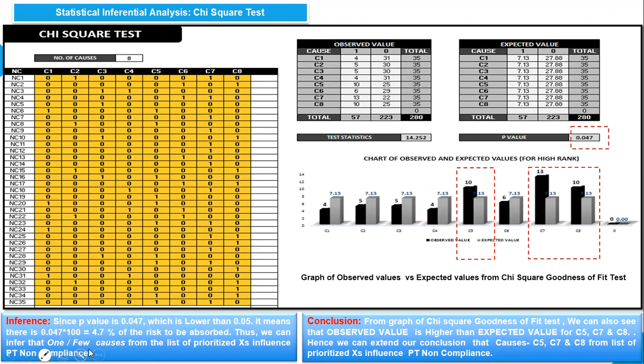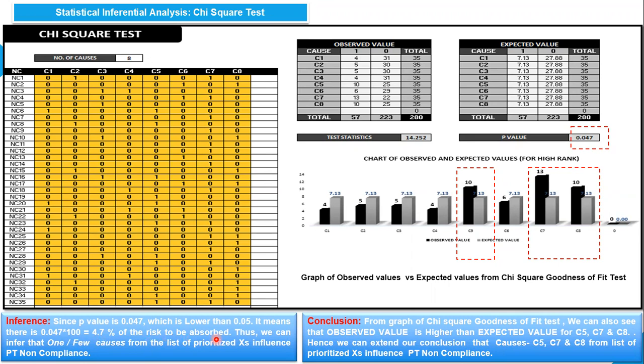So let's go and understand the inference. What inference do we have over here? Since the p value is 0.047, which is lower than 0.05, it means there is 0.047 times 100, which is 4.7% risk to be absorbed. Why do we want to absorb the risk? To accept the alternate hypothesis. And what was our alternate hypothesis?